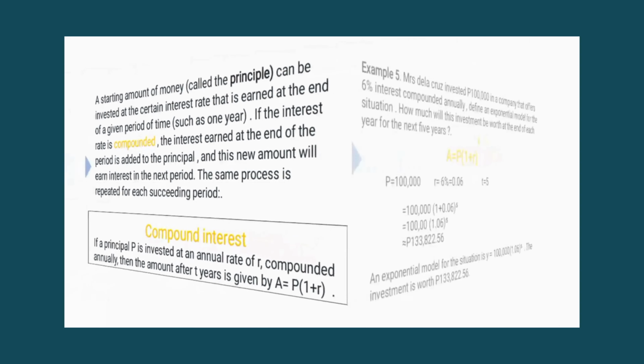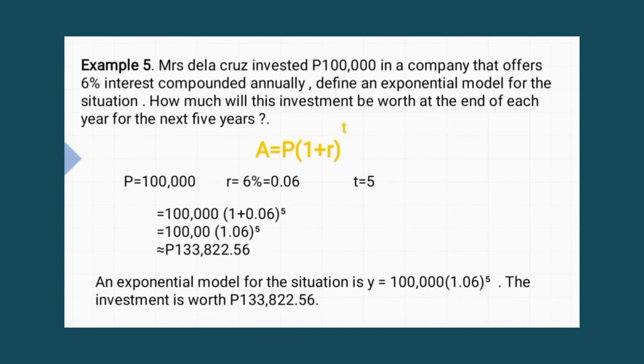So we have here an example. Mrs. De La Cruz invested 100,000 pesos in a company that offers 6% interest compounded annually. Define an exponential model for the situation. How much will this investment be worth at the end of each year for the next 5 years?